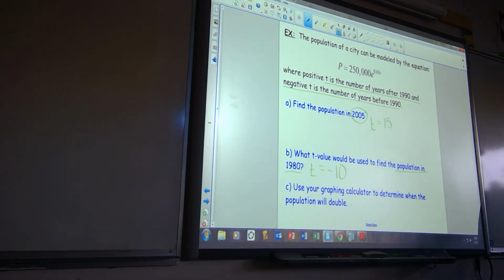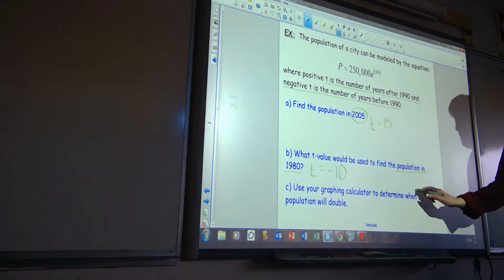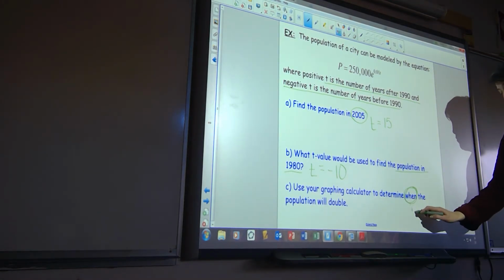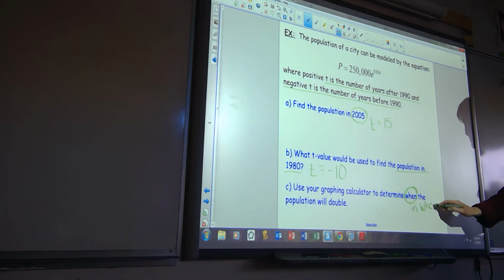And then lastly, this last problem is like what I was talking about at the beginning, where you need to use your graphing calculator, because notice what it's asking for. It's saying, determine when, so that's in what year, determine when the population will double.